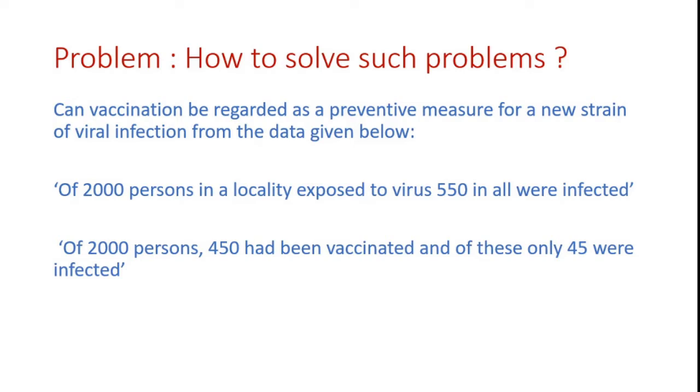Out of them, 450 have been vaccinated, and out of those vaccinated, 45 still got infected, and overall we have 550 infected out of the whole sample of 2000.